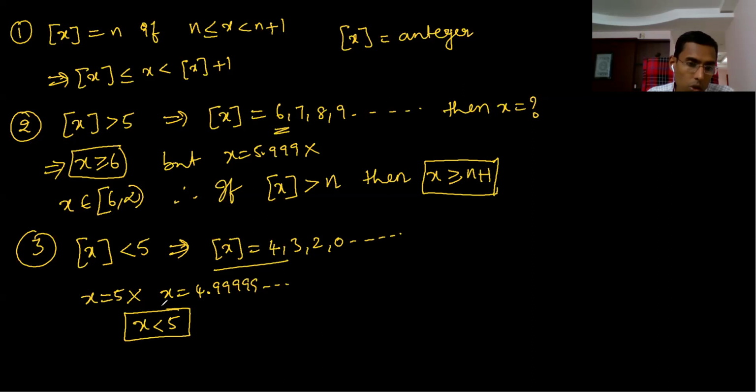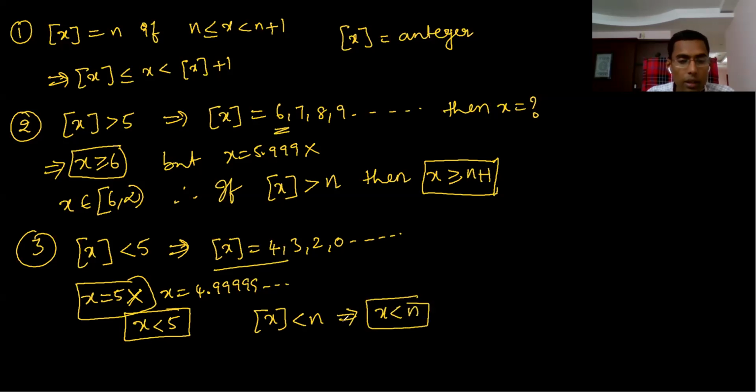But if you take 5, not possible. So the property here is: bracket x less than n, for some integer n, means x is less than n. Very simple.